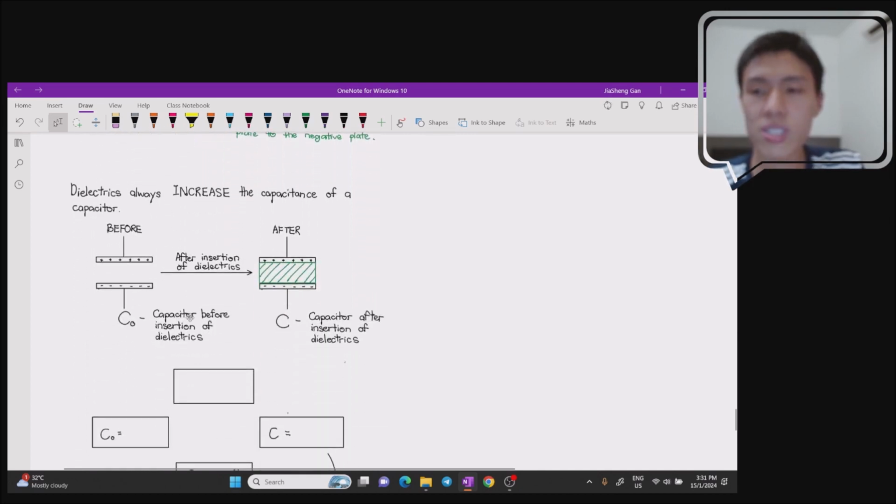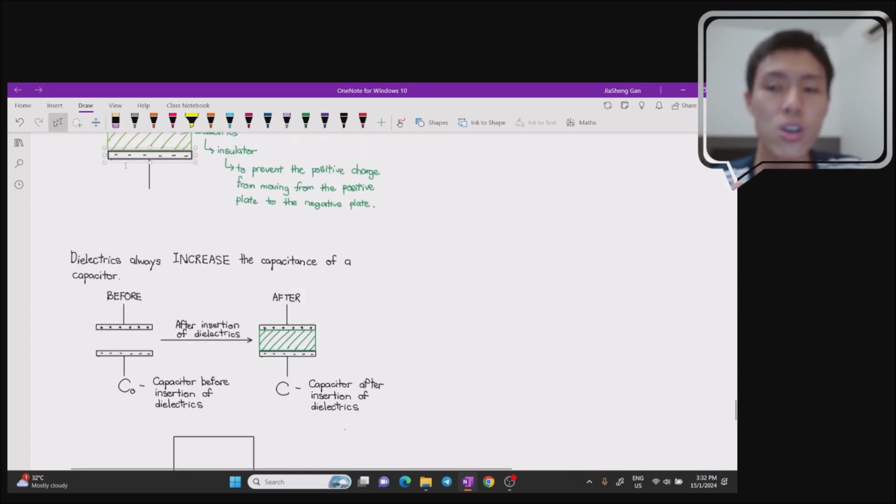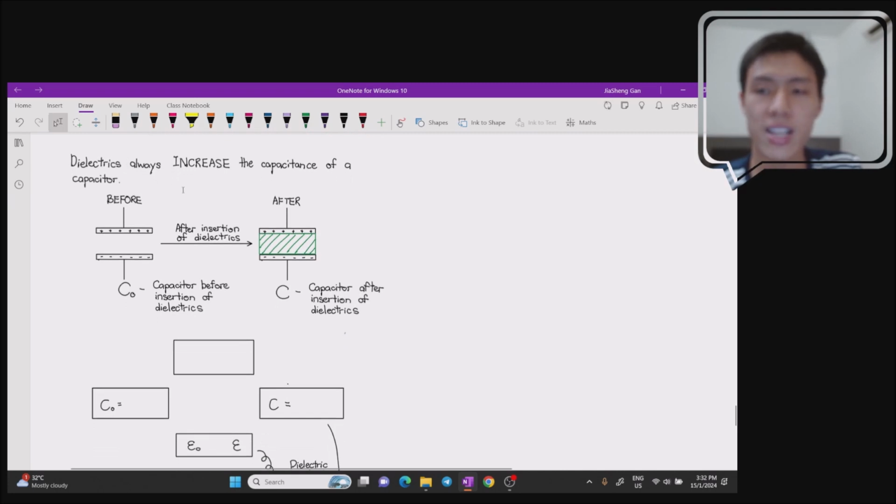Dielectrics, the thing that we insert in between the capacitor plates, always increase the capacitance of the capacitor. If you do not have a dielectric, the capacitance must be a lower value. Once you insert the dielectric, the capacitance must be a larger value. The insertion of the dielectric must always cause the capacitance to increase.